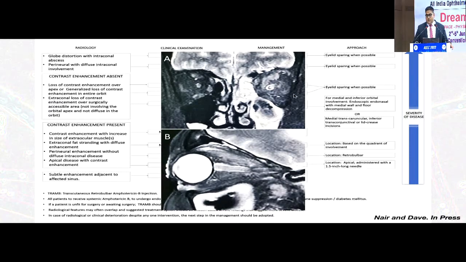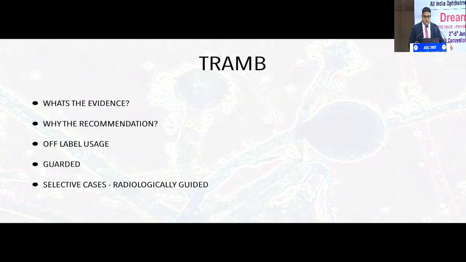That is completely necrosed, and we are surprised to see contrast being taken up in the optic nerve sheath, because you would have expected that also not to show up given the necrosis happening there. Again, this is globe distortion with perineuritis and intraconal abscess, where orbital exenteration is indicated.